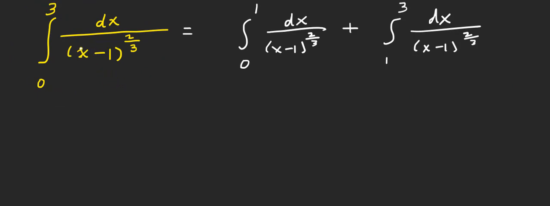You know that the trouble spot is at 1 because when x equals 1, the denominator is 0. And unfortunately, 1 is between 0 and 3. So we have to break this integral into 2 parts, 0 to 1 and 1 to 3. Okay, first, let's focus on finding the antiderivative of this.